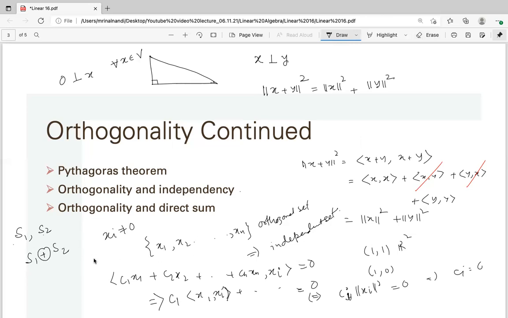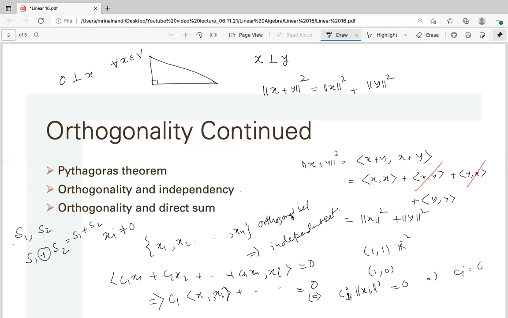It is trivial to see why this sum is direct, because 0 is the only element common to both of them. Suppose there were a common element other than 0, say y, in both the spaces S1 and S2.